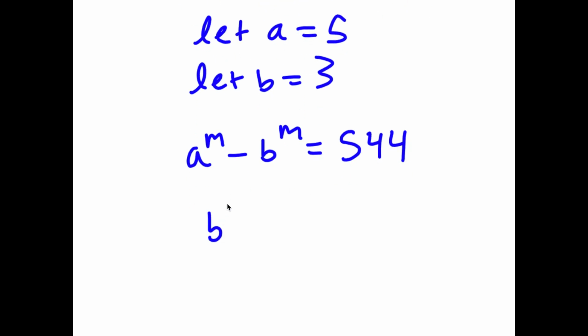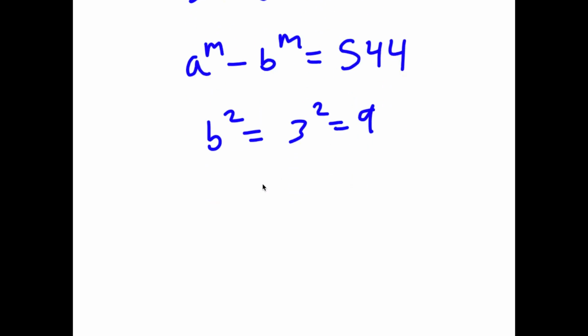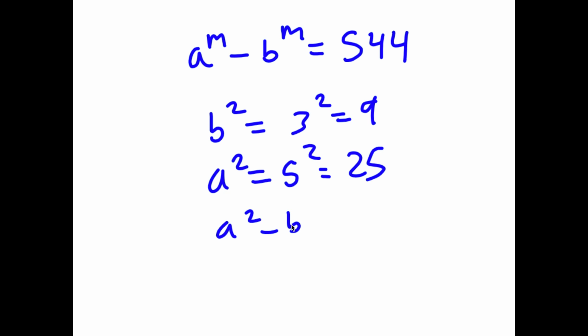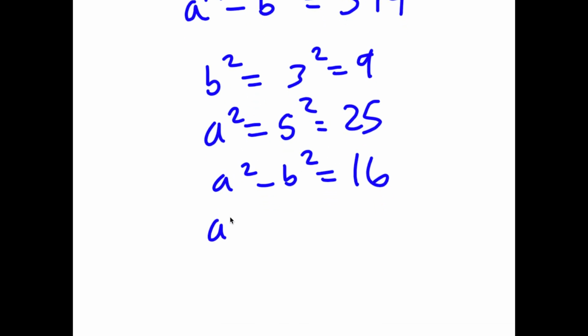Now remember, b equals 3, so b squared is 3 squared, which is equal to 9, right? And a squared is 5 squared, which is equal to 25. So a squared minus b squared is 25 minus 9, which is 16. And a squared plus b squared, which is 25 plus 9, is 34.